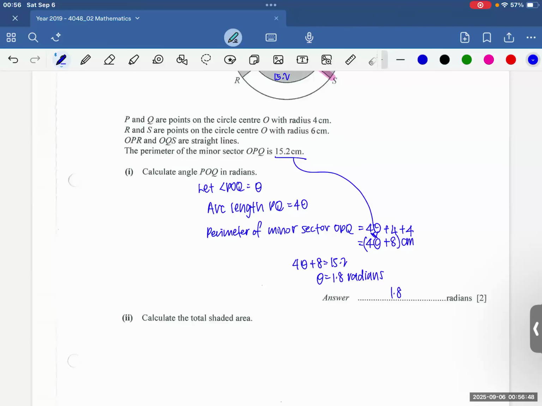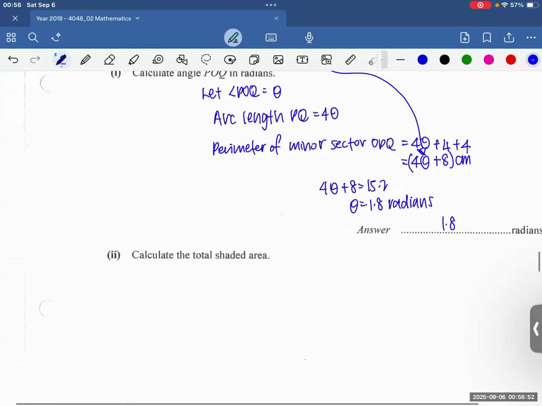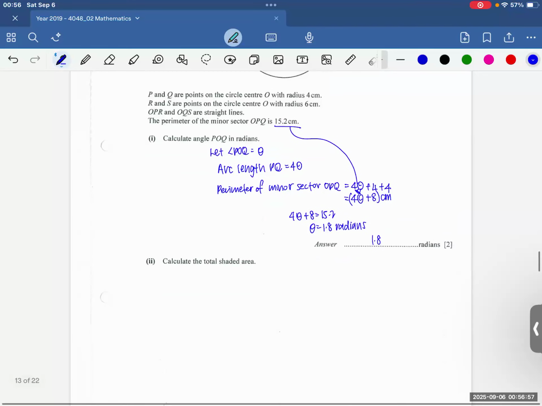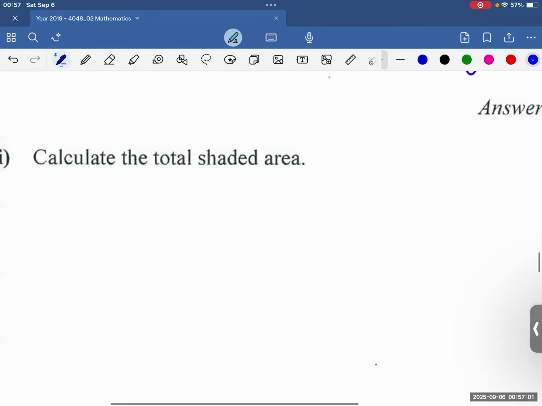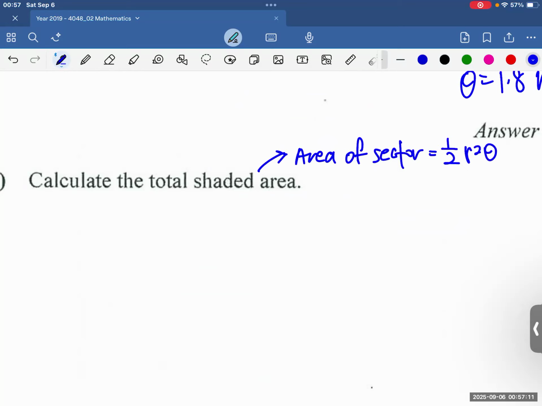Now to part B, part 2: we want to find the total shaded area. The total shaded area is quite simple. I'm going to do it step by step for you to see how this entire thing plays out. Our formula for area of a sector, if you forget, is half r squared theta.